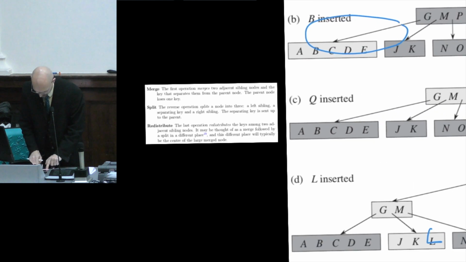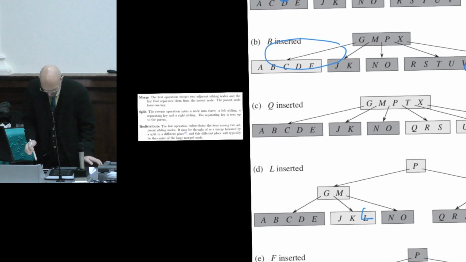So the merge is that if I have two nodes like this that are adjacent and small enough that I could make a node that's all of them together plus another one, then I can just bring this key down over here, and J, K, M, and O makes a new node.